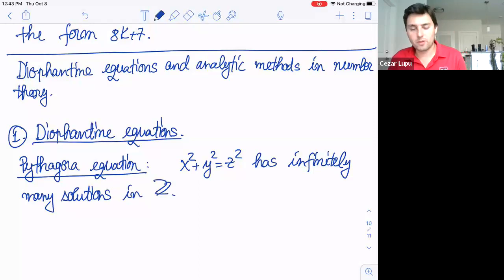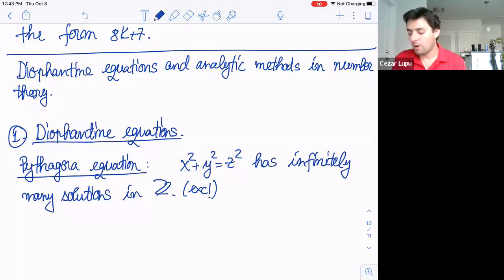And there are plenty of other equations and methods to study these. I'll leave it to you as an exercise to figure out how you can write these infinitely many solutions. You can actually write them in terms of a parameter.